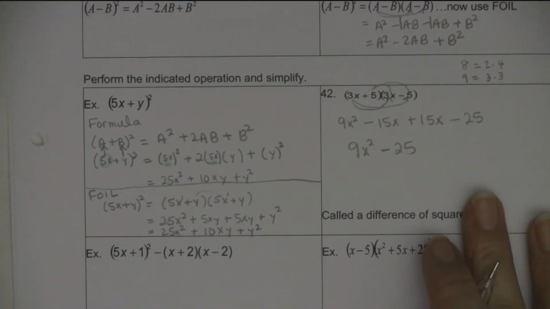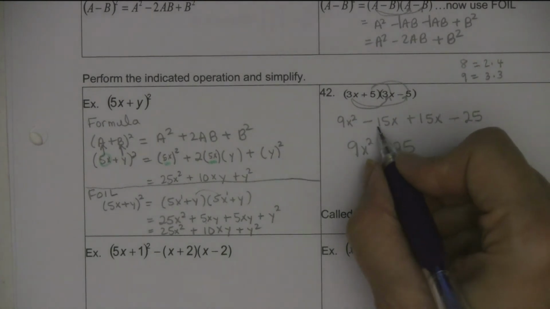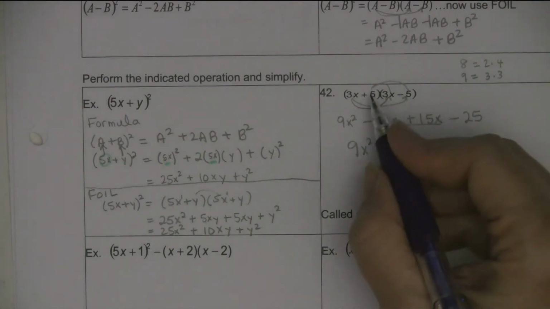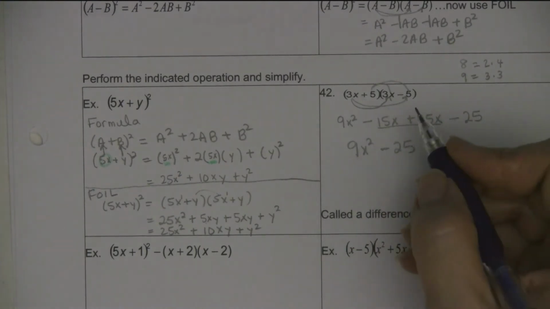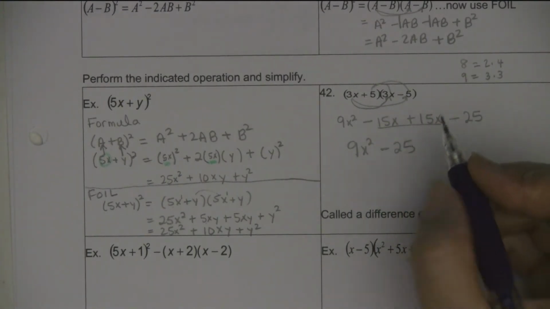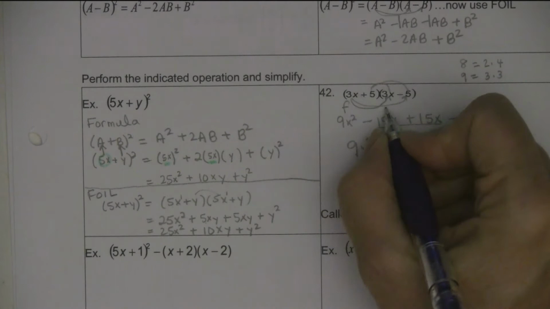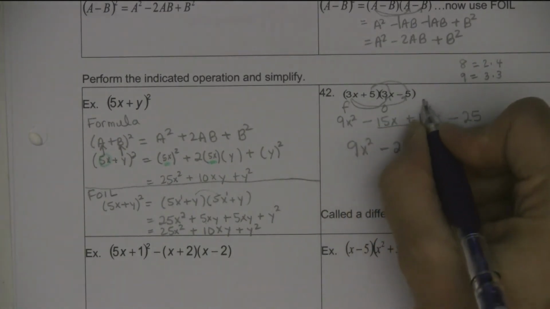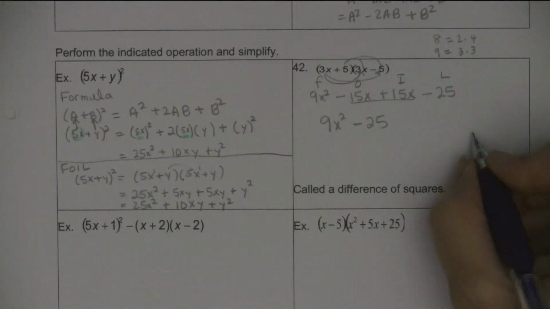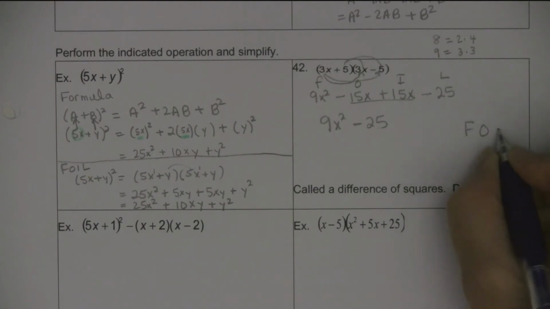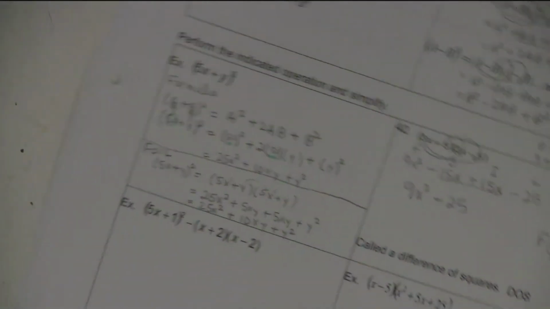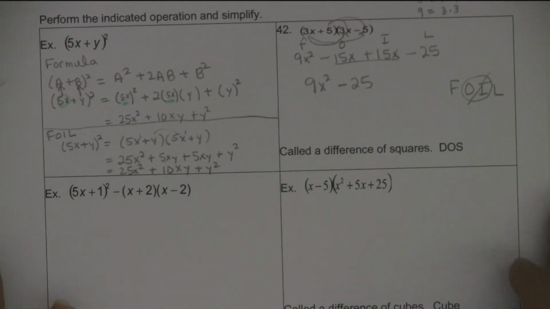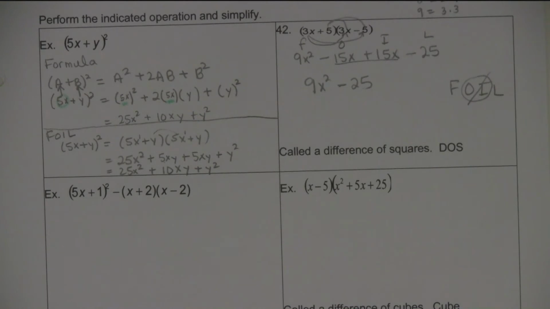Okay. And so you might be noticing that when you multiply something like this together, the outer and the inner are going to drop out. The minute that you realize that the outer and inner are going to make 0, and you can predict when they're going to make 0, then you don't have to multiply them together.